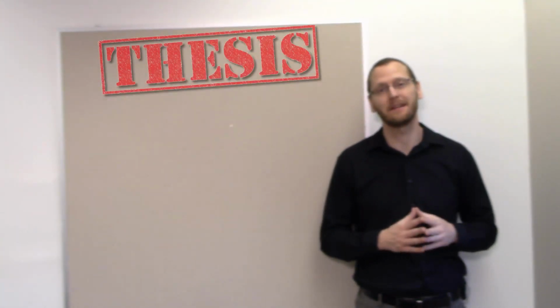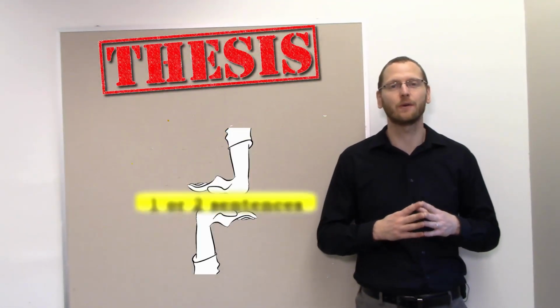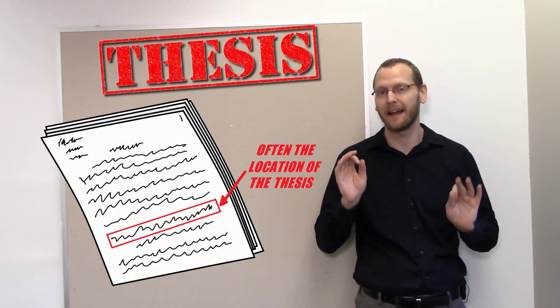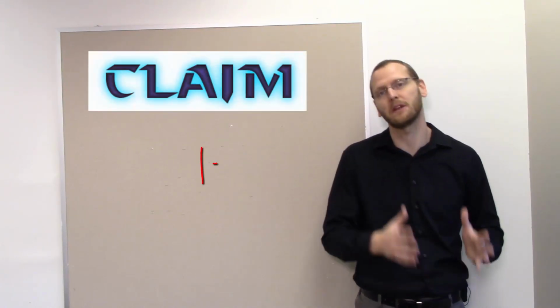Let me just go ahead and explain some elements of a thesis statement. A thesis statement is essentially your entire paper summed up into one or two sentences that are then placed near the end or at the end of your introduction or introductory paragraphs. In a nutshell, your thesis is your claim plus your methodology.